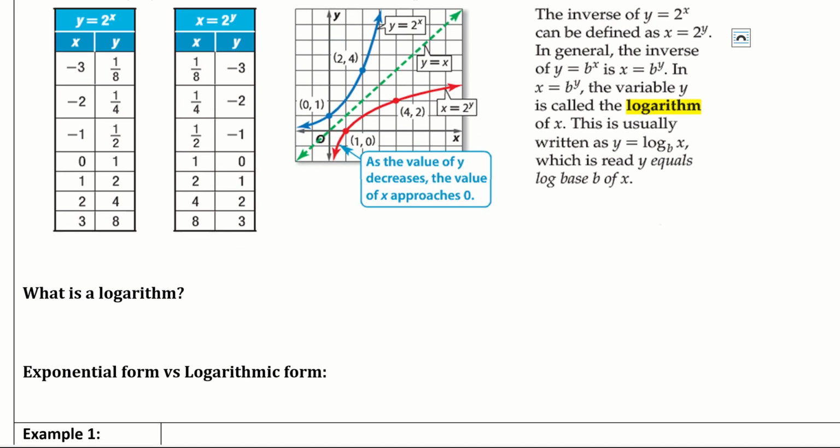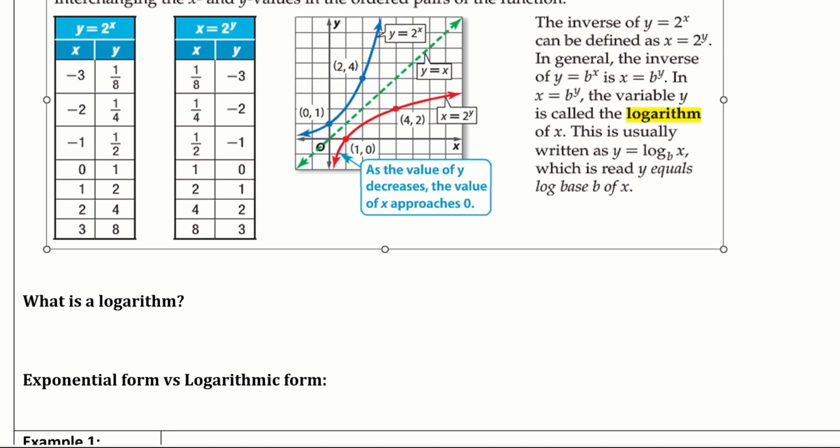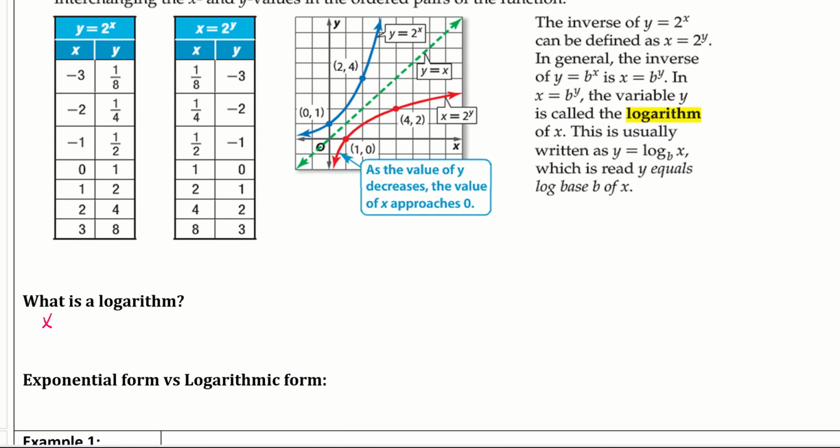What is a logarithm? I just call it a log for short. Anyway, it is the inverse of an exponential. We're going to write that down here.